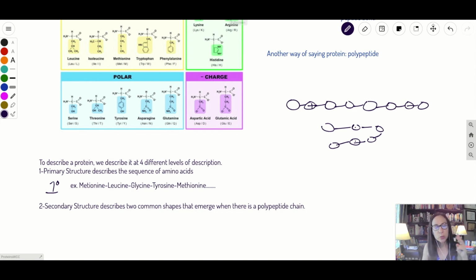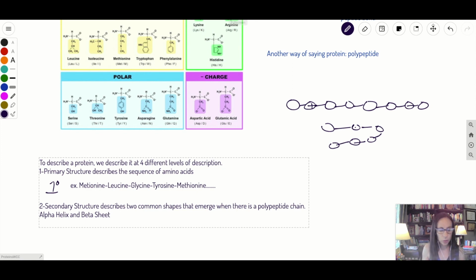There are 2 shapes that are super common, and that's what is described in the secondary structure. Those shapes are alpha helix and beta sheet. These are super common shapes that automatically form when you have a polypeptide chain, and so they get their own category of description.